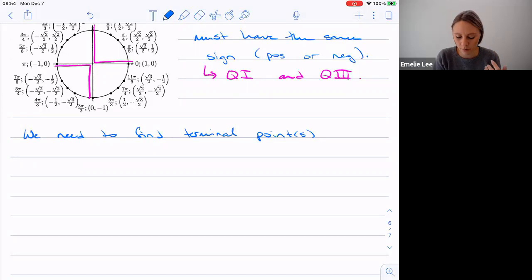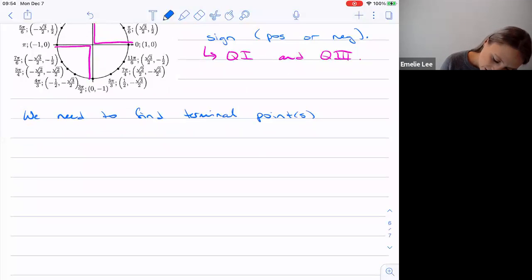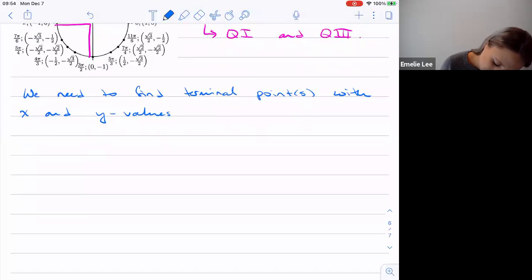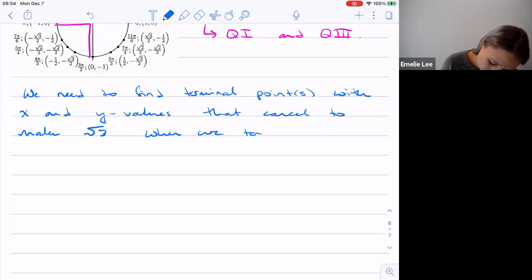So we need to find terminal points with x and y values that cancel to make root 3 when we take y over x.